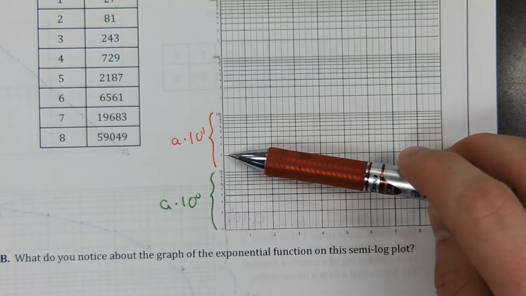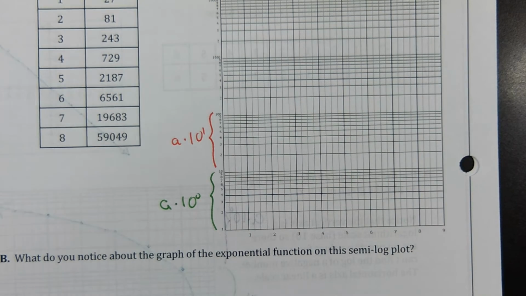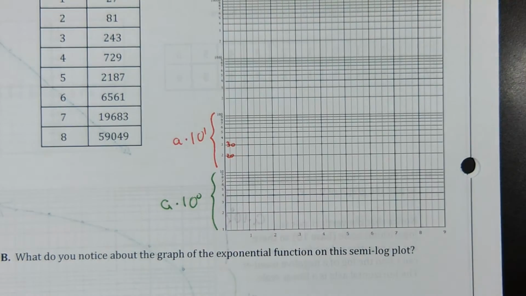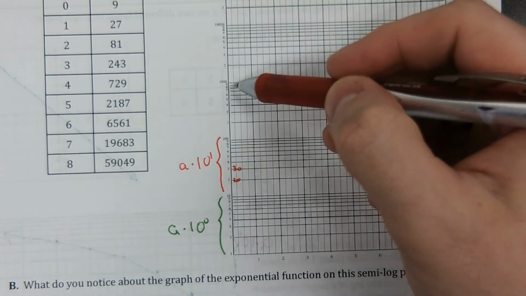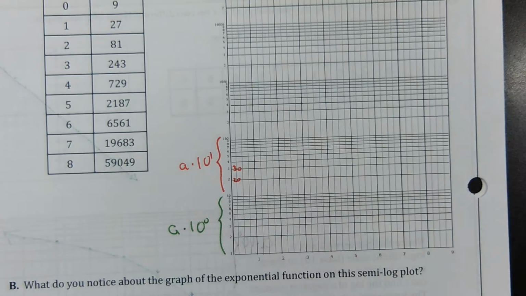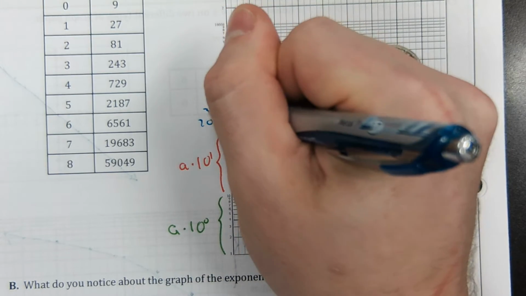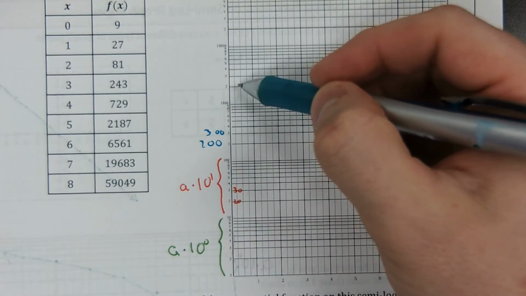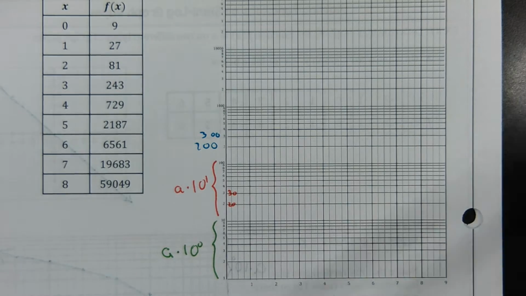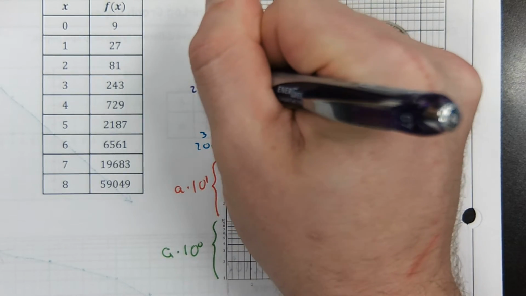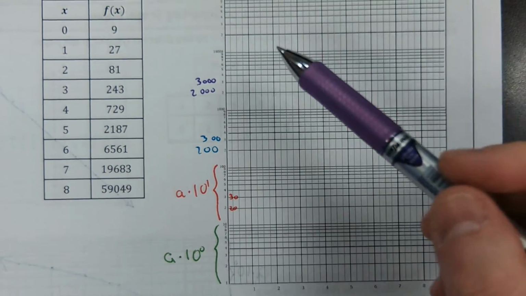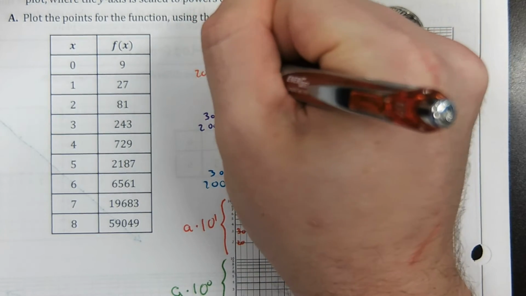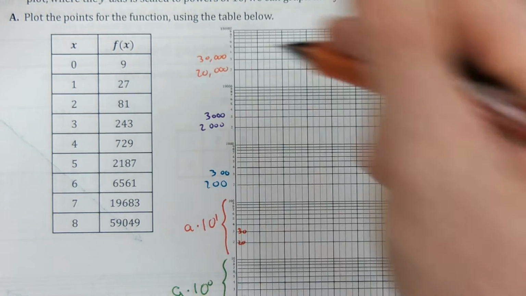This is the numbers 20 through 100, like this is 20, this is 30, and so on. This is 10 to the second, so this is 200, this is 300. These represent the multiples of 10 to the third: 2,000, 3,000. And up here you've got your 10 to the fourths, the 10,000s: 20,000, 30,000, and so on.